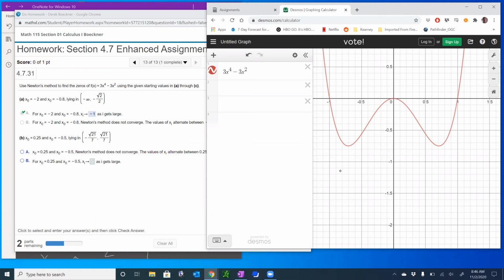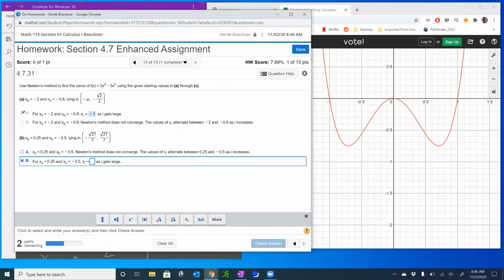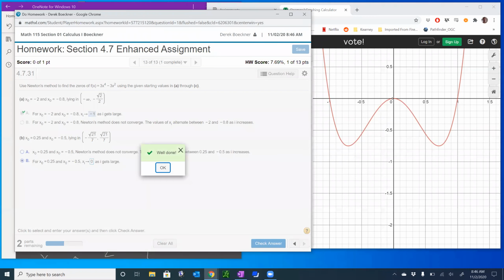So I'm somewhere in there. Where am I going to go? I'm going to end up at 0. So I'm not going to start alternating between those. I'm going to end up at 0.